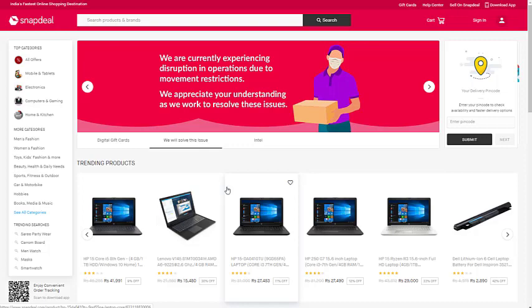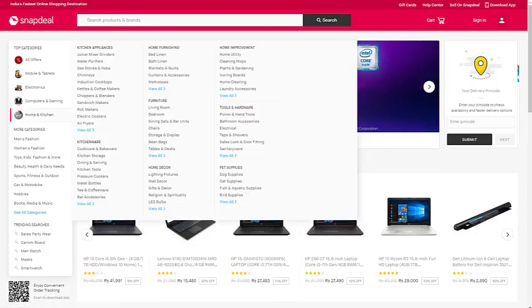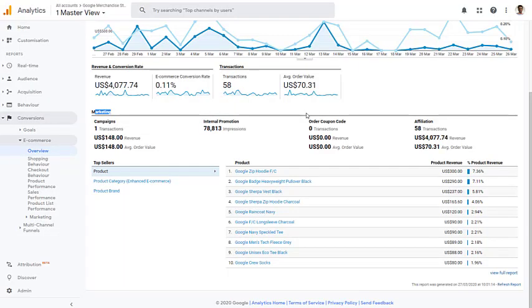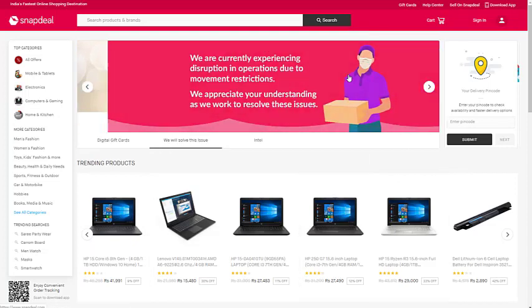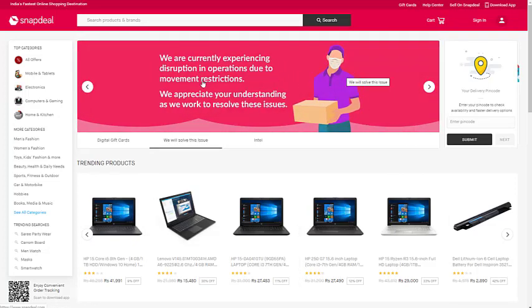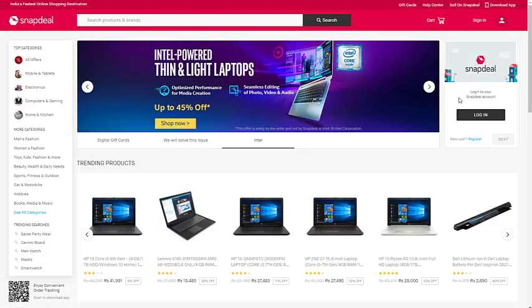These are called internal promotion banners, and you can capture how many people are looking at those banners, how many people are clicking on them, so that you will be able to understand which banner is most effective, whether the revolving big size banners are effective, or the banners on the right hand side.